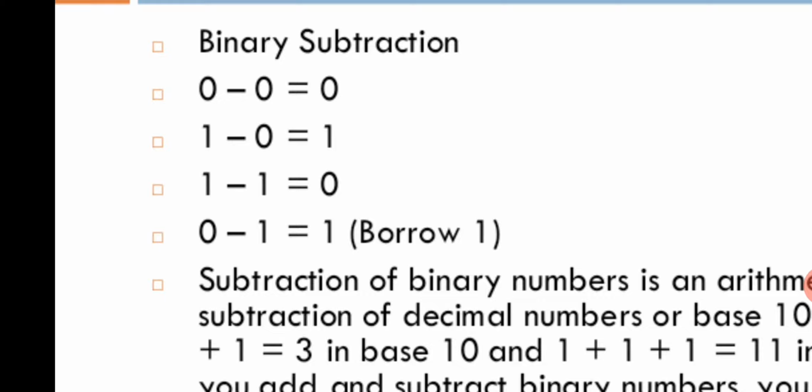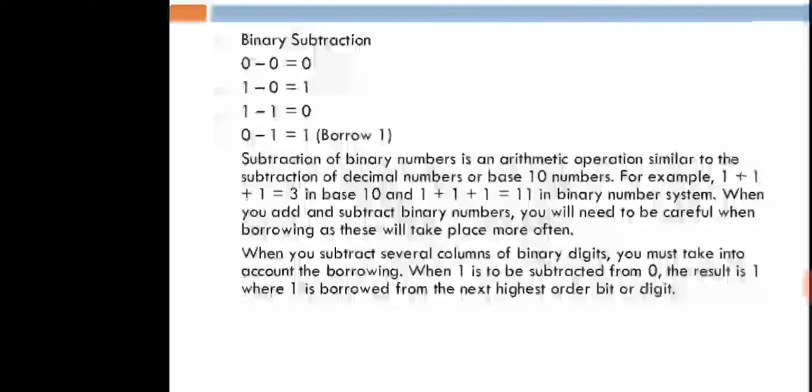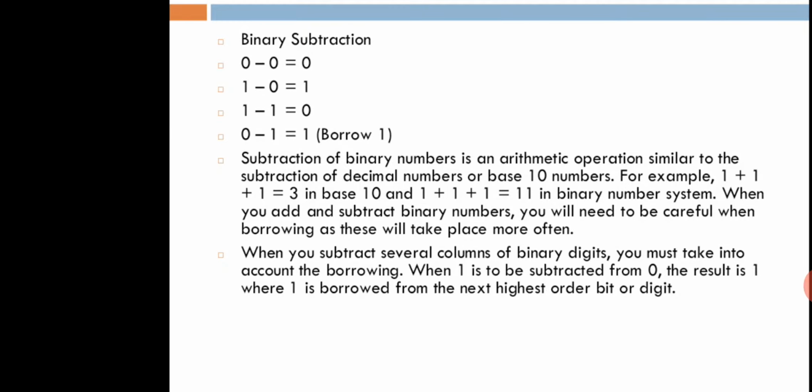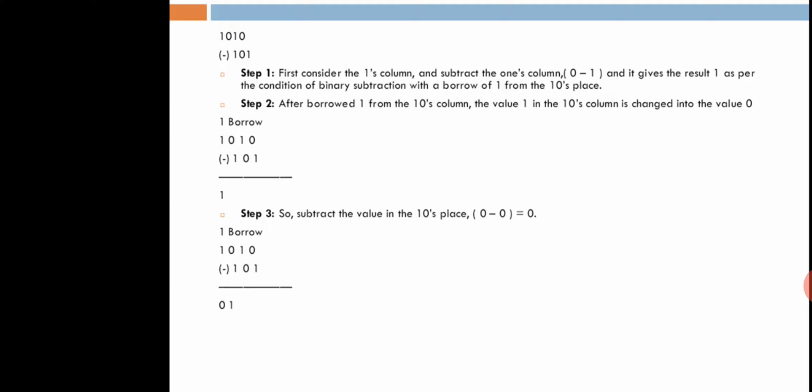If left hand side also 0, then again you are checking for the one more left hand side, isn't it? So that's why in the standard format they say it is borrowed from the next highest order bit or digit. That is the better sentence. Instead of saying left, left, left, it is better to say borrowed from the next highest order bit. That is nothing but from left hand side itself, because all these binary operations have to be considered from the right hand side for better calculation.